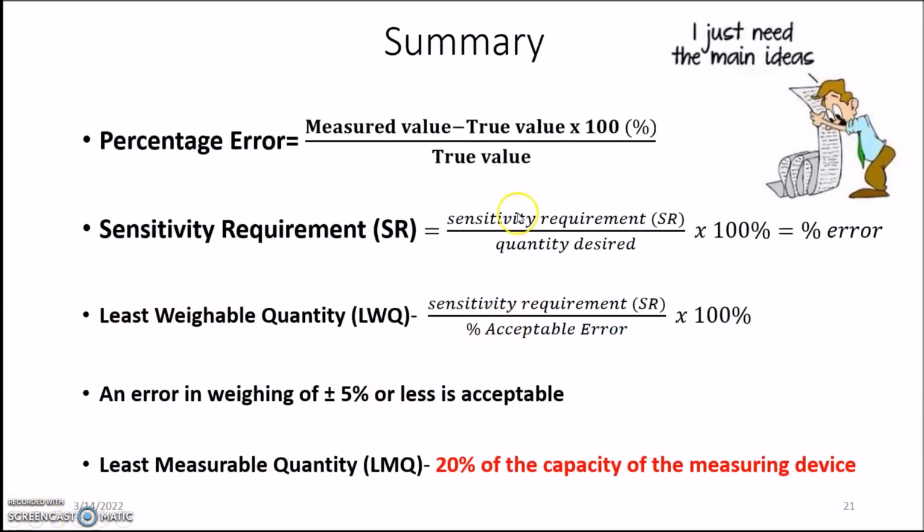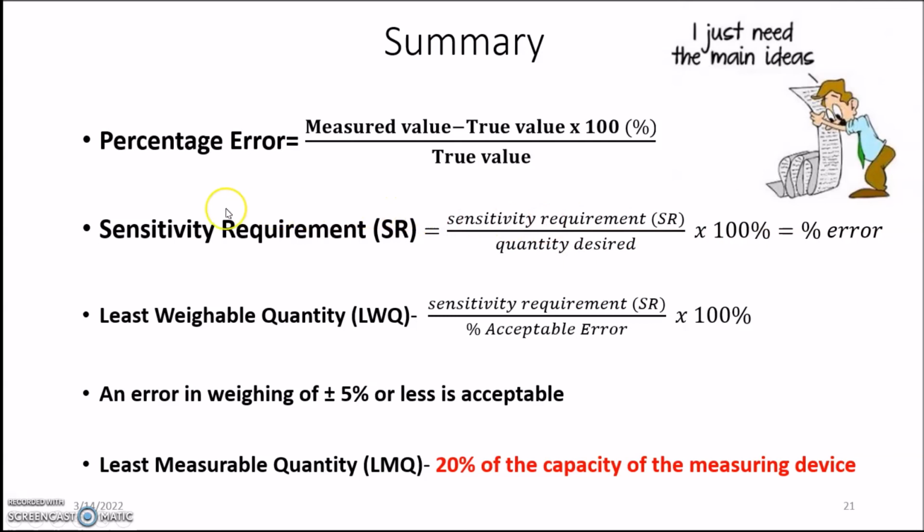Alright, so in summary, the percentage error is the measured value minus the true value, divided by the true value, times 100%. Sensitivity requirement is the sensitivity requirement divided by the quantity desired times 100%. The percentage error is sensitivity requirement divided by quantity desired times 100%.